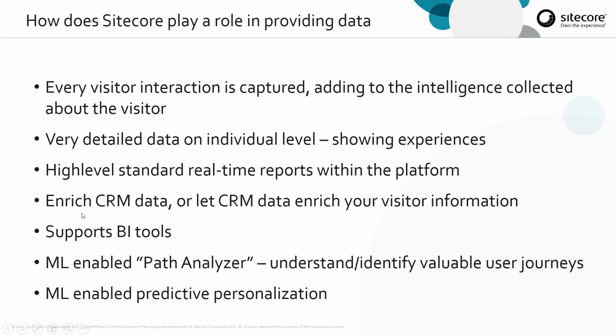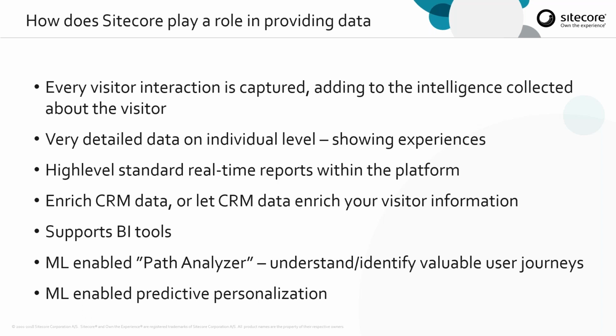To make things a little easier to work with, because you can imagine a website that has even just 10,000 visitors per day will generate a lot of data from all the interactions that happen on the site.